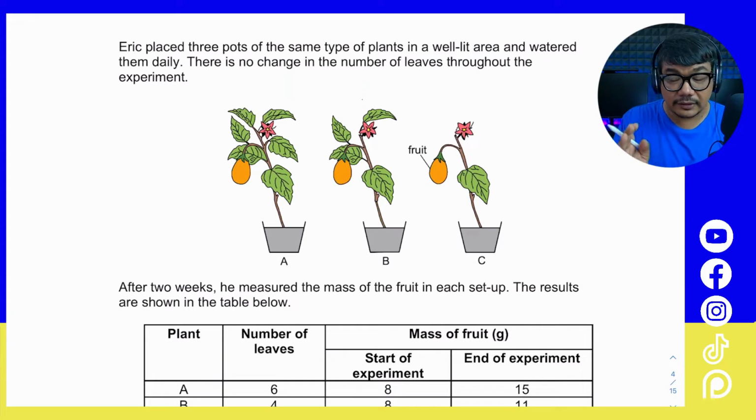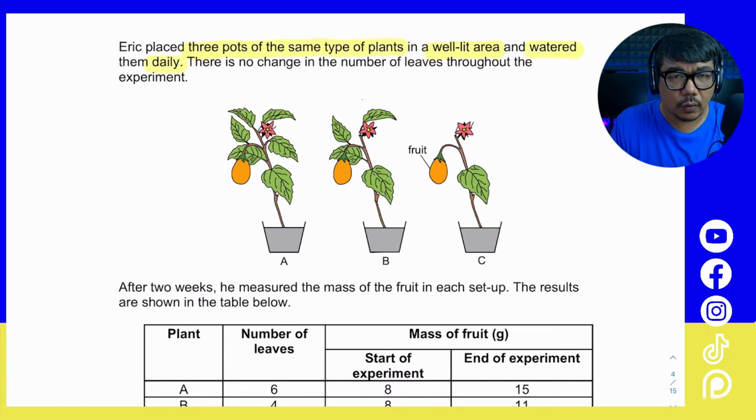This question reads: Eric placed 3 pots of the same type of plants in a well-lit area and watered them daily. So from here, what is important? Firstly, we know that there are 3 pots of the same type of plants, placed in a well-lit area and watered daily.